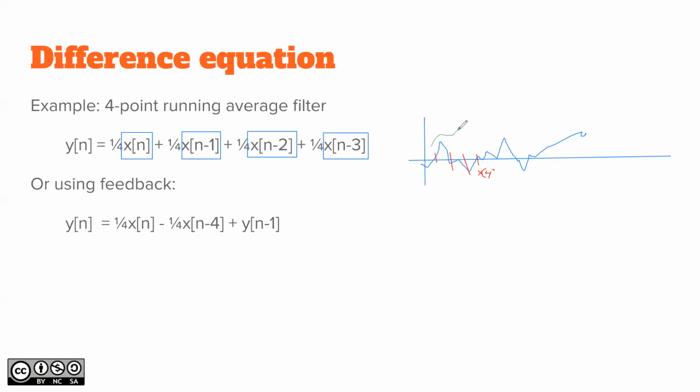So these are taken into account when you are calculating y of n, for example y of 4. So those are used to calculate the current value for output, and basically, that's the difference equation.